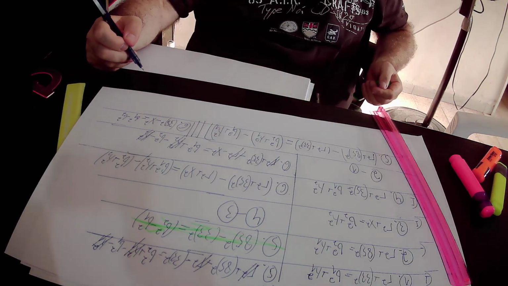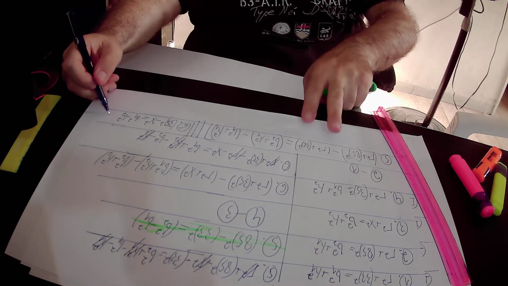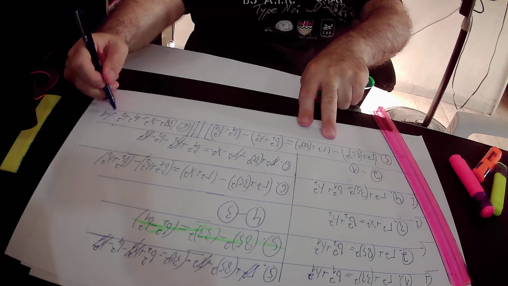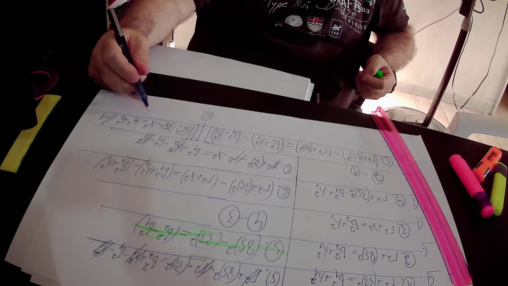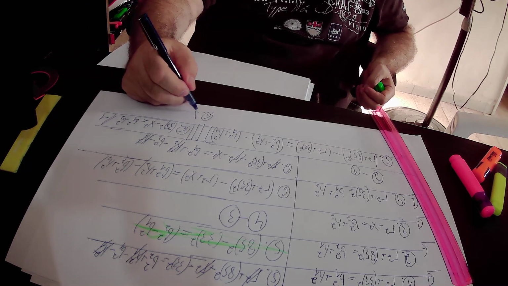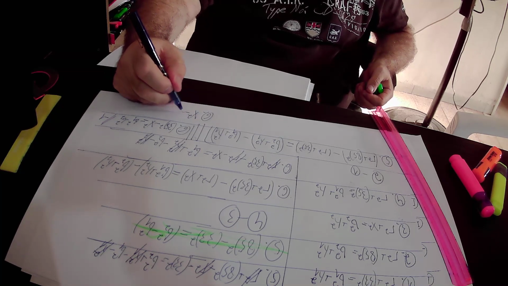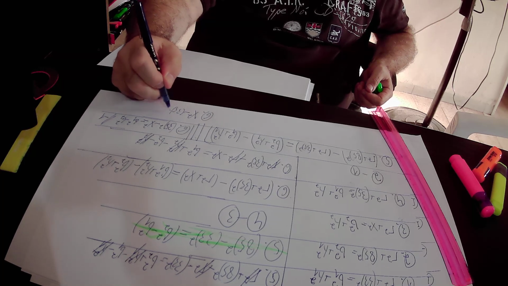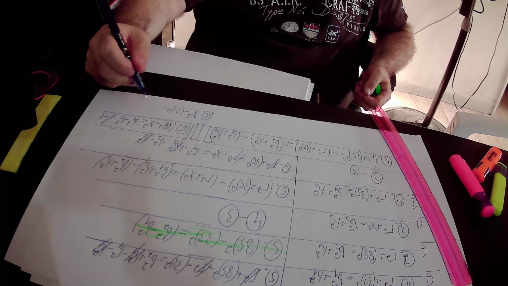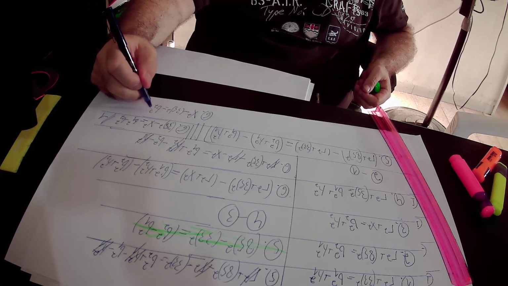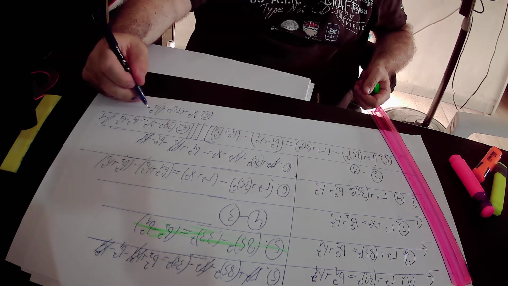Okay. In the next step we'll multiply this equation number 6 by minus 1, and we get that according to equation number 6, minus x squared times minus 1 is plus x squared, 35 squared times minus 1 is minus 35 squared, and it is equal to minus b2 squared times minus 1 is plus b2 squared, and b1 squared times minus 1 is minus b1 squared.